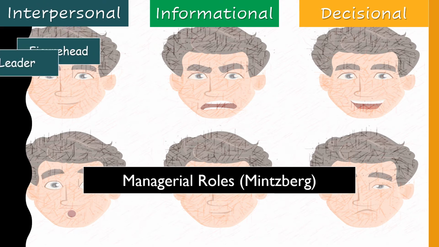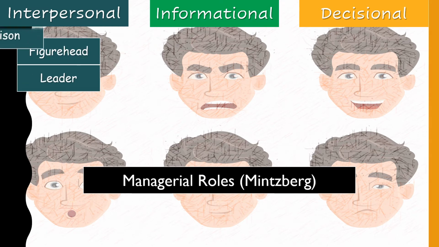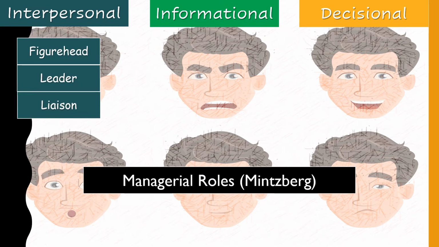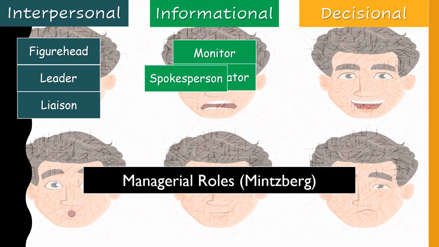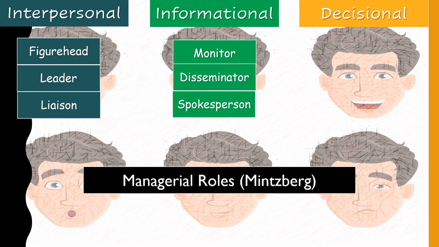Interpersonal: a figurehead, leader, and a liaison. A manager under the interpersonal category will need to be a figurehead for the organization, a leader, and also a liaison. On the informational portion, a manager will need to be a monitor, a disseminator, and a spokesperson of the company.